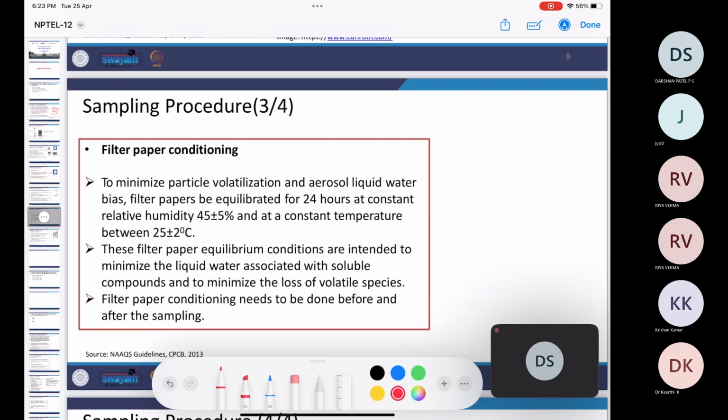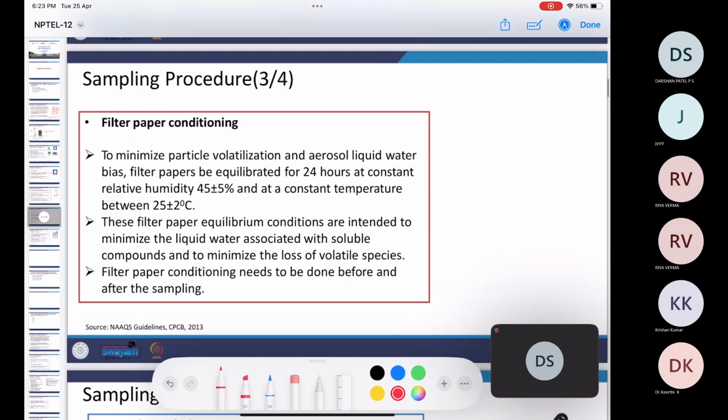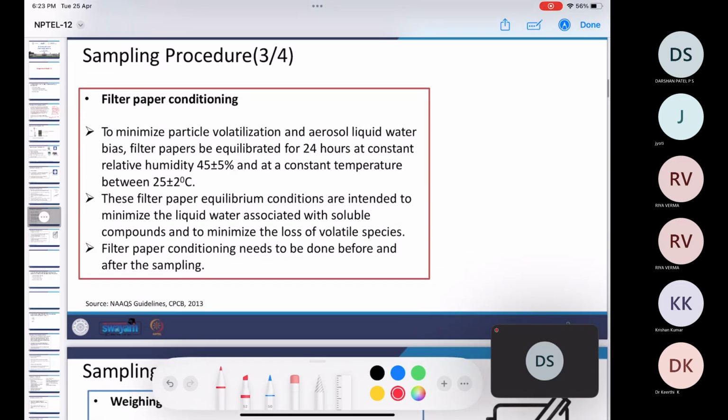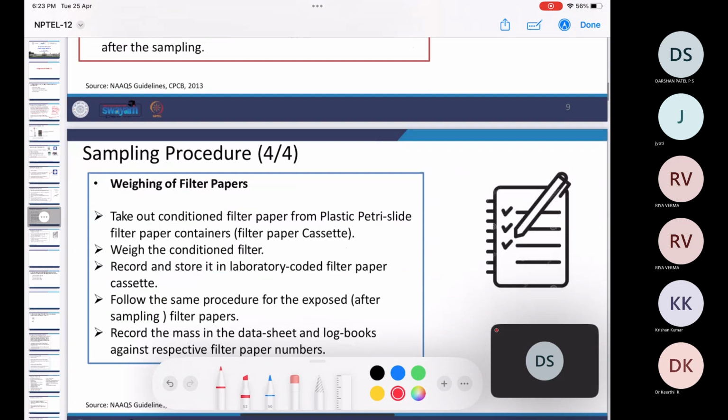Because this intends to minimize the liquid water associated with the soluble compounds, and also to minimize the loss of volatile species that may be present in the particulates that we collect on this filter paper. And this needs to be done before and after the sampling process.